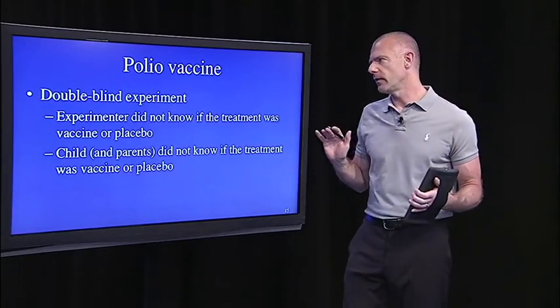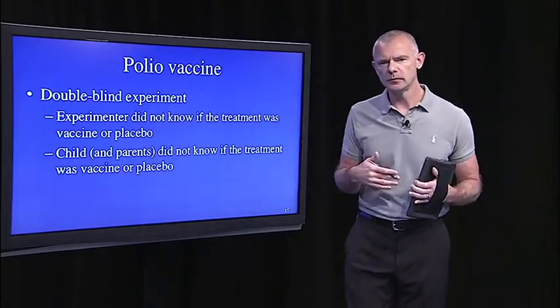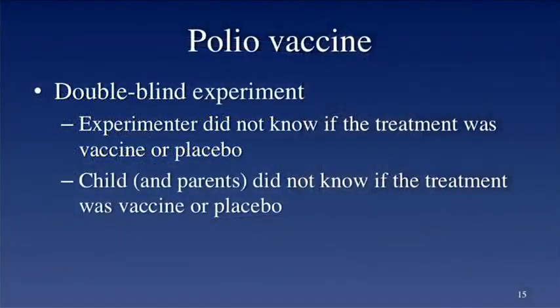The other nice thing about this as an example to start with is this is what's called a double-blind experiment. So the experimenter, or the person who's actually administering the vaccine, didn't know if they were giving the live vaccine or the placebo.